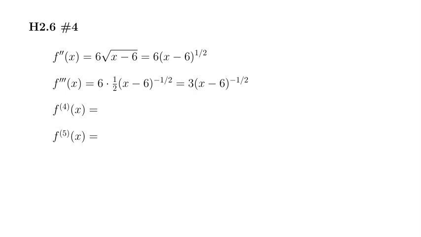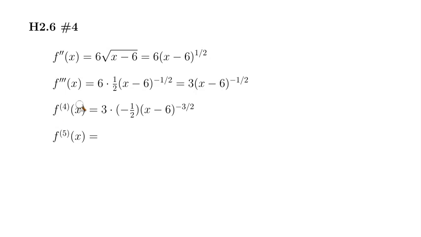Again, 3 is in front. Then we multiply by negative 1/2, putting the power in front, and keep the same quantity, which is x minus 6. Then subtract 1 from the power: 1 from negative 1/2 gives negative 3/2.